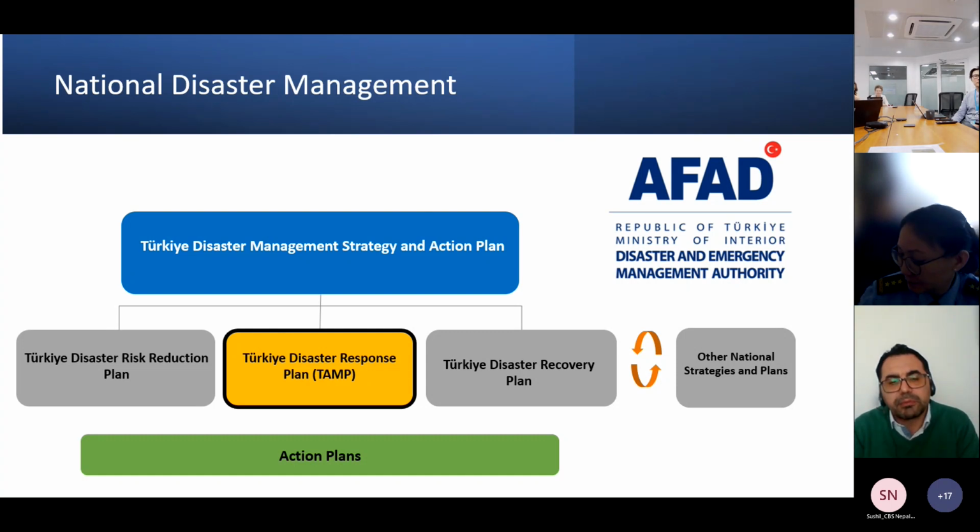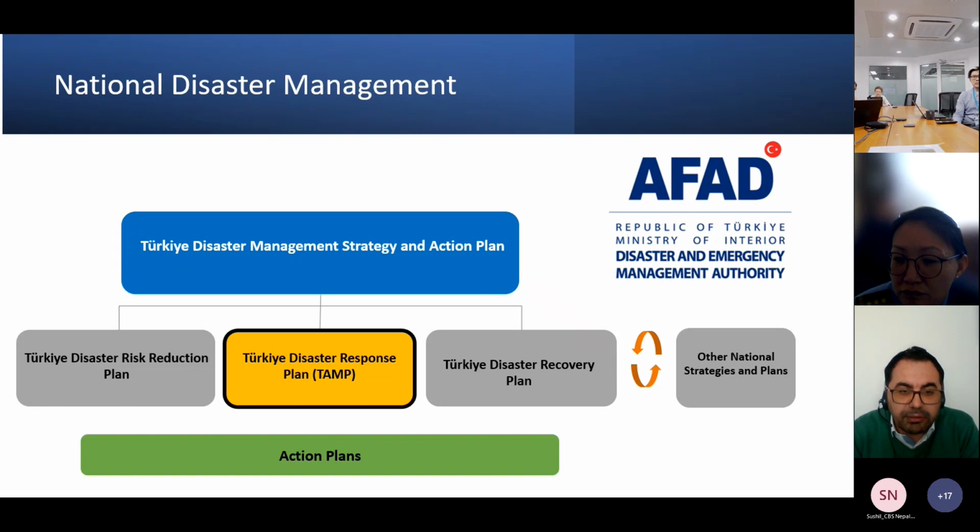Today, I will put more emphasis on the disaster response plan of Turkey, which is called TAMP. TAMP defines the roles and responsibilities of the working groups and coordination units that will take part in the disaster and emergency response studies, and it determines the basic principles of the response plan before, during, and after disaster situations.